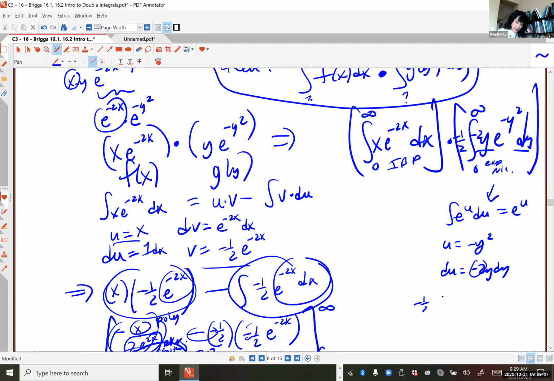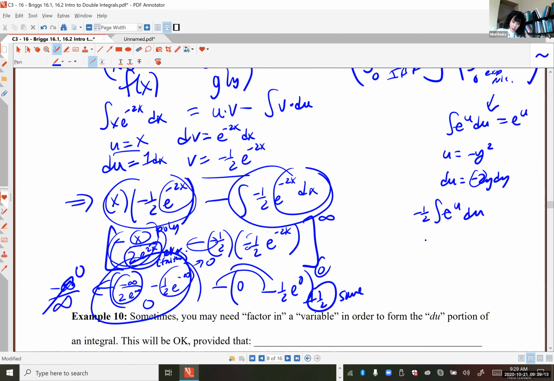So now the intermediate step looks like this, which I'd like for you to do on your exams, please, so I can see that you know what you're doing. And then I back substitute for u, which was negative y squared. And then this guy's limits were also 0 to infinity. So if I plug in my upper limit, I have negative a half e to the negative infinity minus 0.